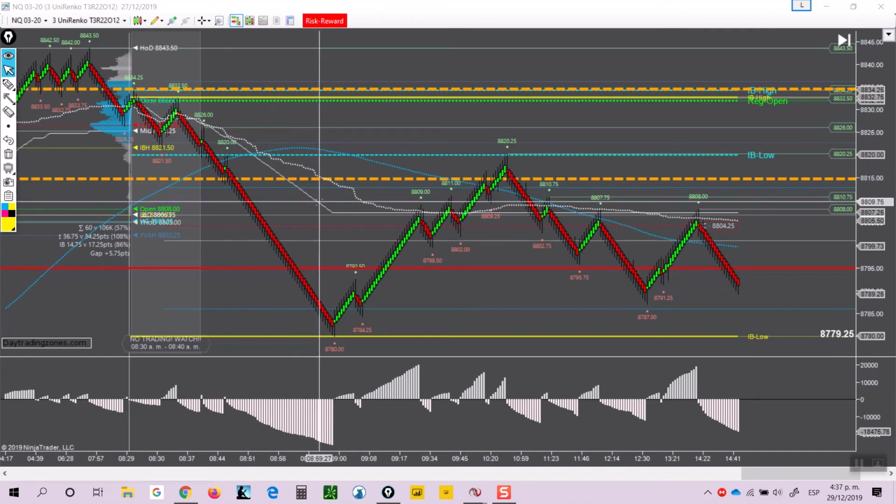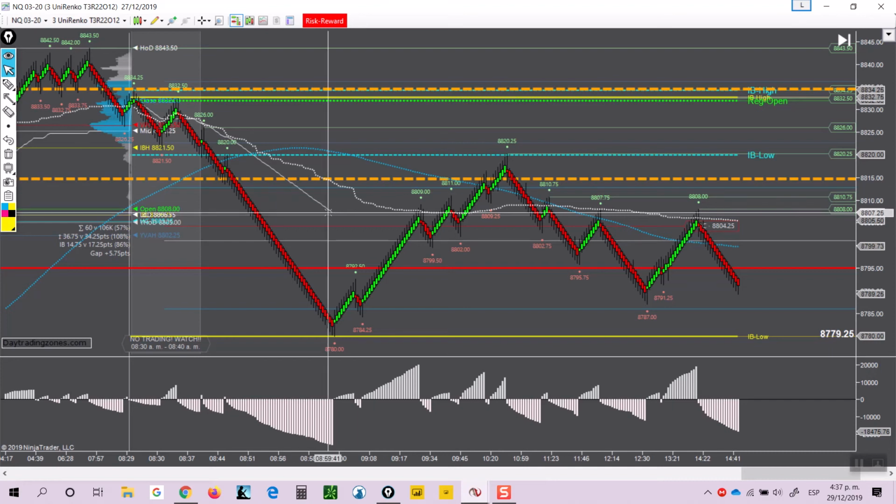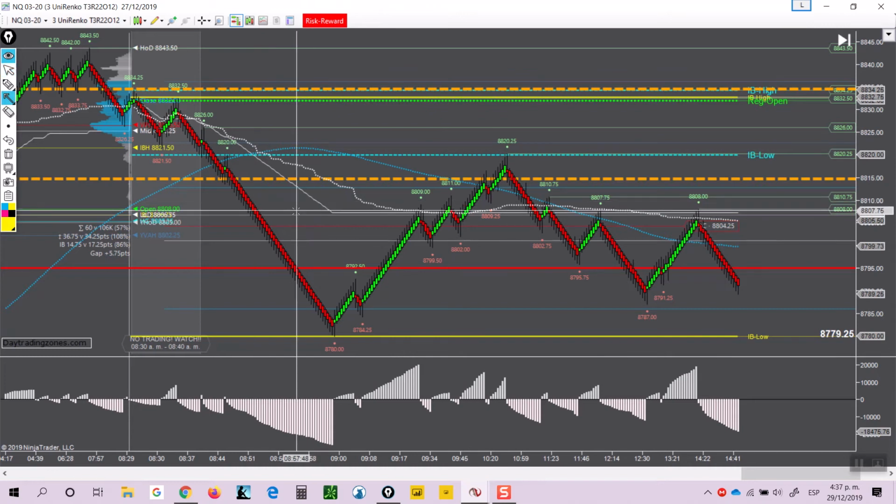And then your midpoint. Your midpoint is that line right there. It's also a white line. It is a straight line almost, not too curvy, but it's this line here. That's your midpoint. Your midpoint will let you know your barriers.